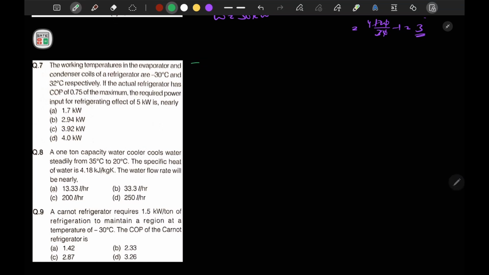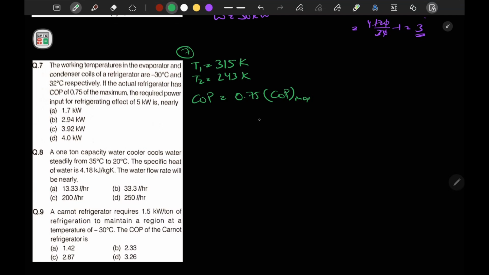So we have given that T1 is equal to 32 degrees Celsius, 273 plus 32, 305 Kelvin. And T2 is equal to minus 30, 243 Kelvin. Now it is mentioned that the actual refrigerator has COP equal to 0.75 of COP maximum.